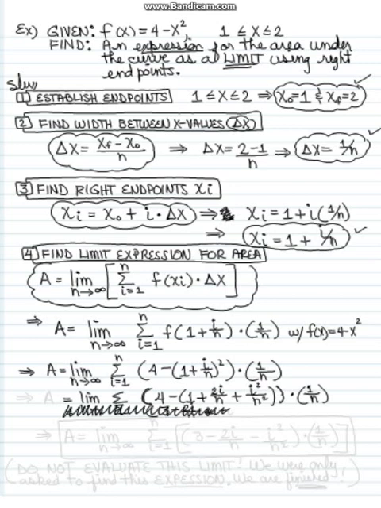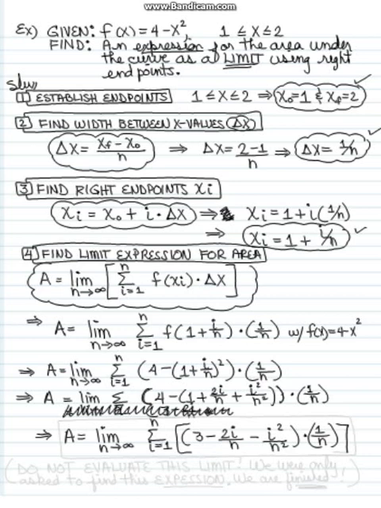Oh, wait a minute, that's a mistake. A equals the limit as n approaches infinity of the sum i equals 1 to n of (3 minus 2i over n minus i squared over n squared) times 1 over n.